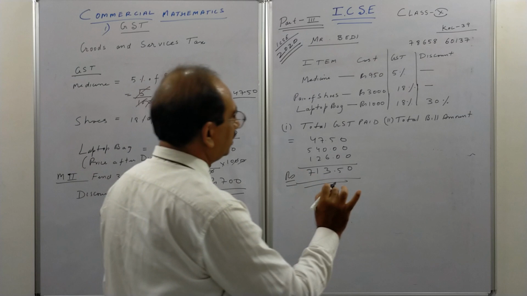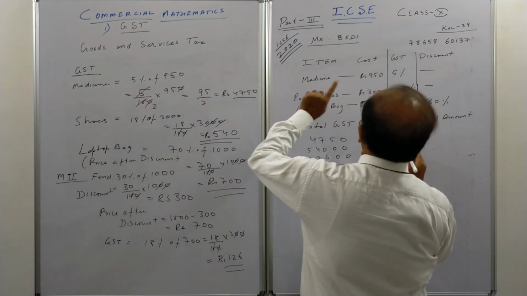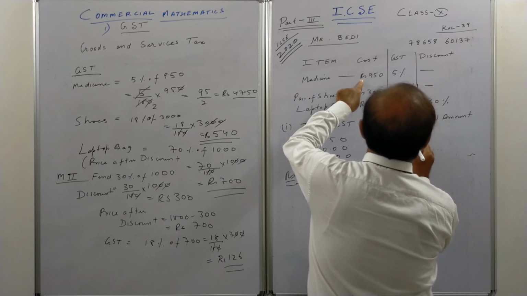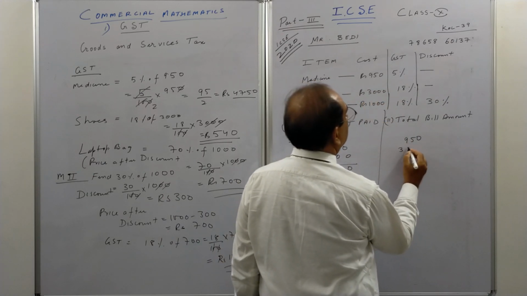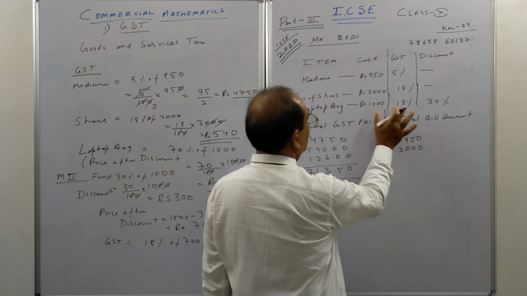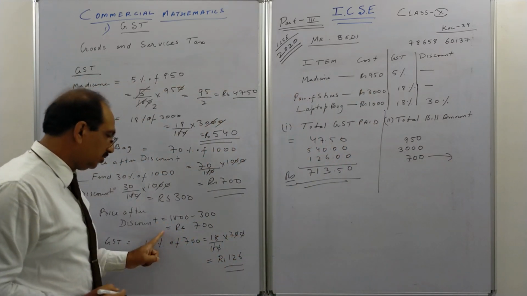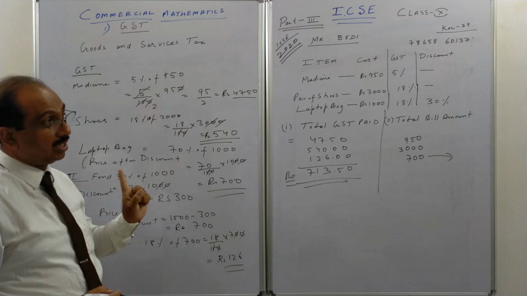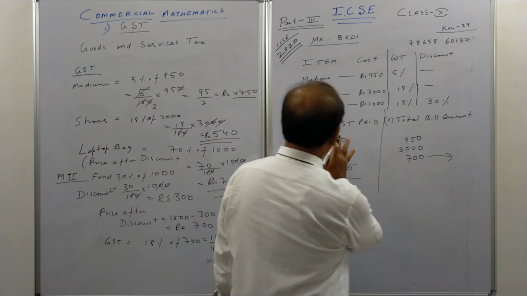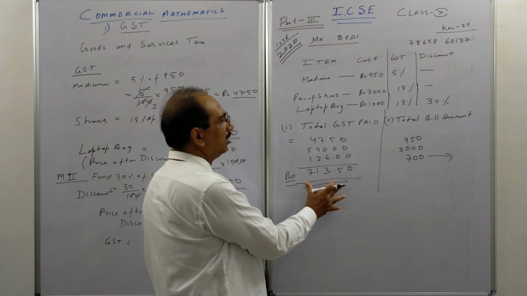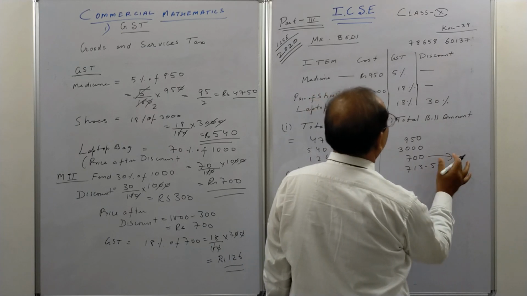Now what we do for the next part, total bill. It's very simple, children. Total bill, how much he has to pay: for medicine, 590; pair of shoes, 3000, there is no discount; but for the laptop bag he pays 700, children. Just keep in mind, he is not paying 1000. Keep in mind, the discounted price 700, plus this total GST, don't add separately, 713.50.